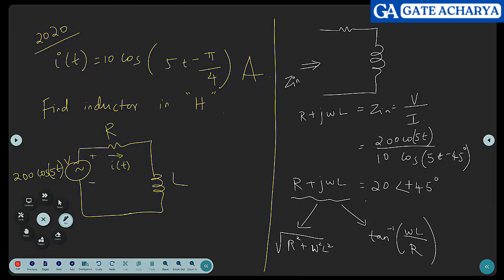So 1.26. Which one, sir? L. No, no. 2.8. Sir, 2 root 2. Multiply it. What do you get when you multiply? 2 root 2. 2.8. Correct.